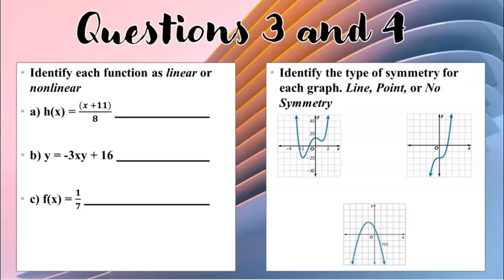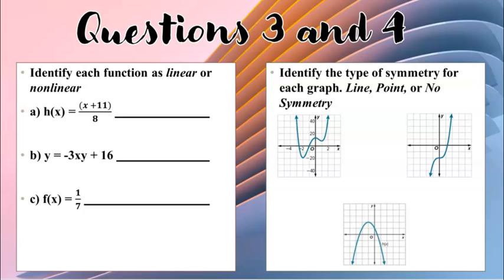Question 3. Identify each function as linear or nonlinear. Remember, linear can be written as y equals mx plus b, or in standard form of ax plus by equals c. And nonlinear are ones that have an exponent greater than 1, or you're dividing by x, or you might have multiple variables multiplied by each other.